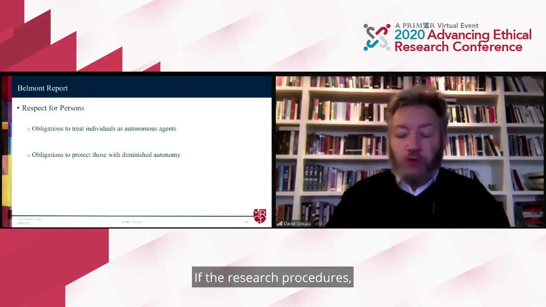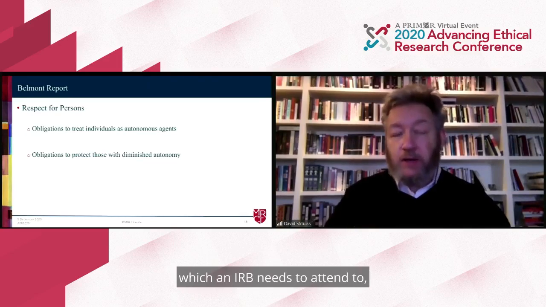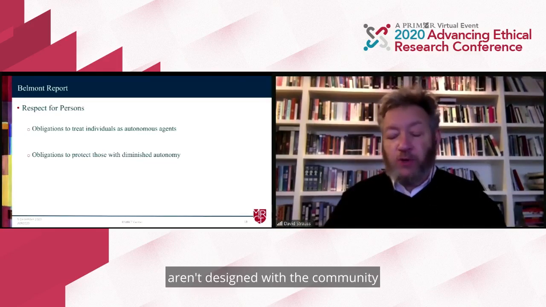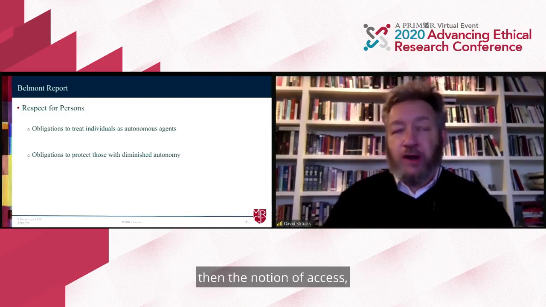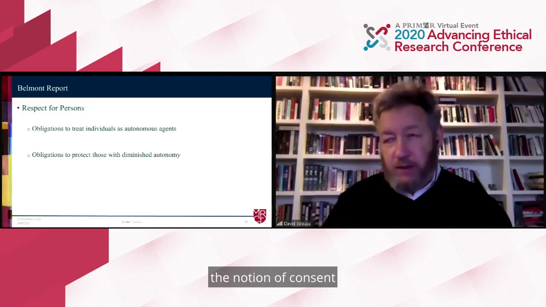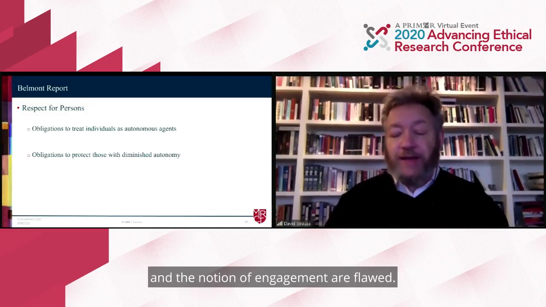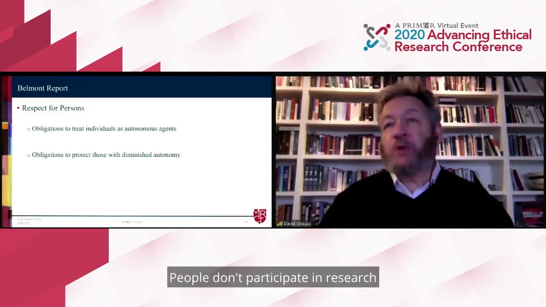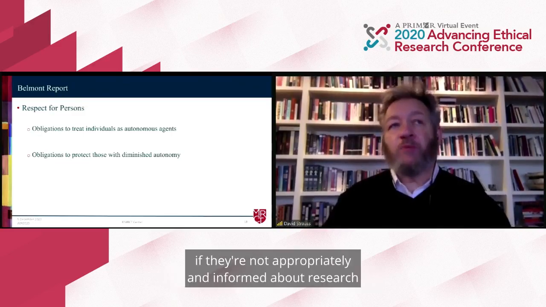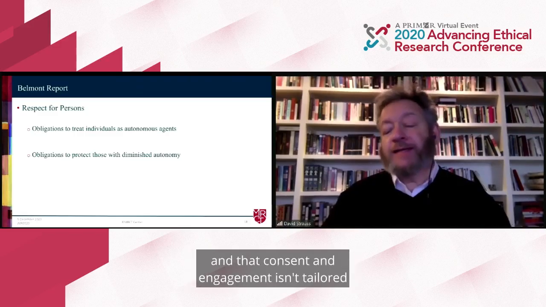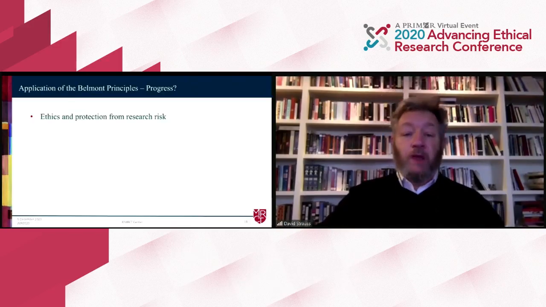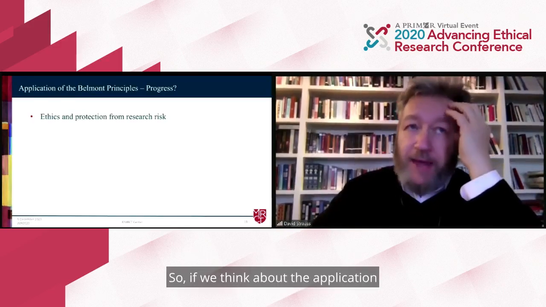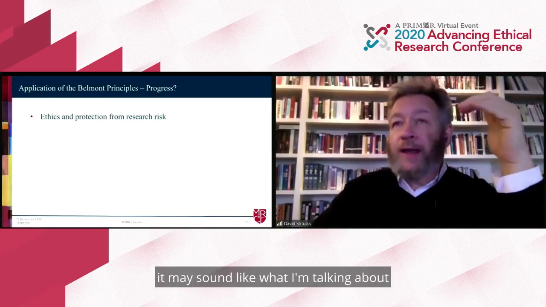If the research procedures, which an IRB needs to attend to, aren't designed with the community that they're seeking to recruit in mind, then the notion of access, the notion of consent, and the notion of engagement are flawed. People don't participate in research if they're not appropriately informed about research, and if consent and engagement aren't tailored to their specific needs.